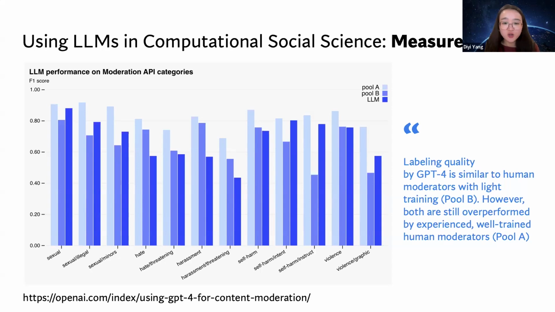They basically show that for very challenging tasks, such as content moderation, if you use GPT-4 to label whether a given text violates certain types of guidelines, the labeling quality by GPT-4 is similar to human moderators. And those moderators probably receive very lightweight training, which is the middle bar here.